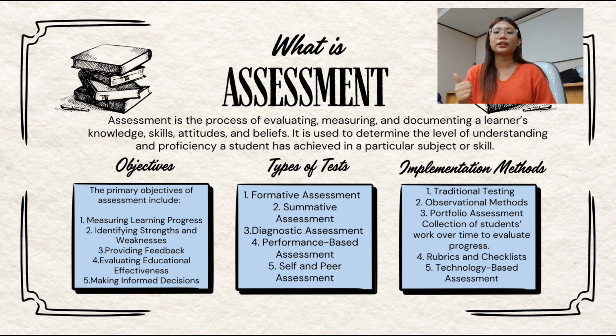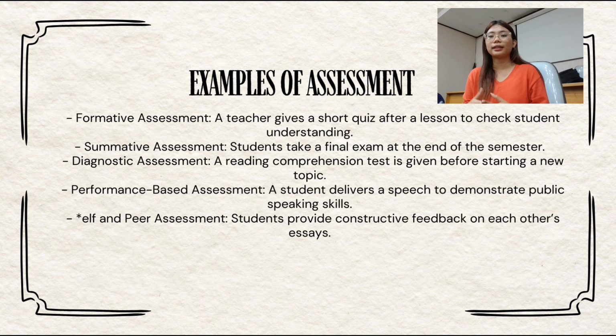The first is traditional testing, which is written exams, multiple choice tests, and essays. The second, observational method, which is teachers assess students' participation, behavior, and engagement. The third is portfolio assessment, a collection of student work over time to evaluate progress.